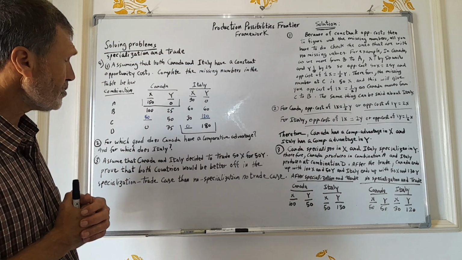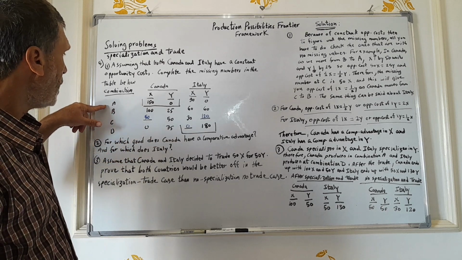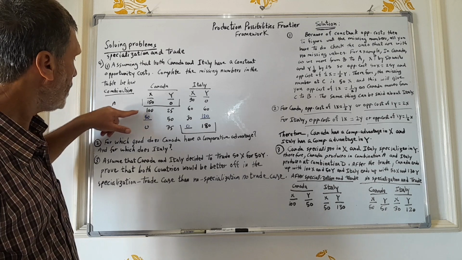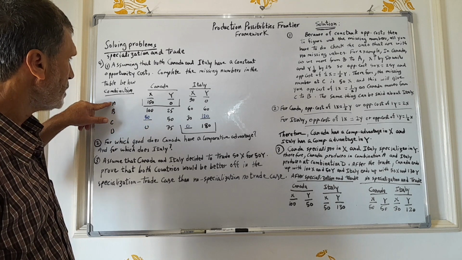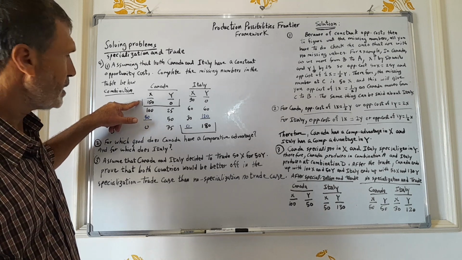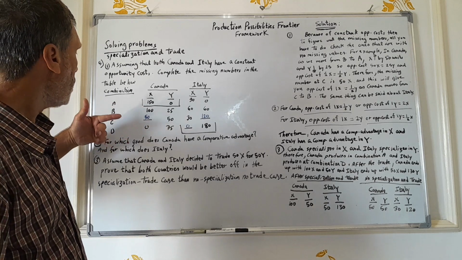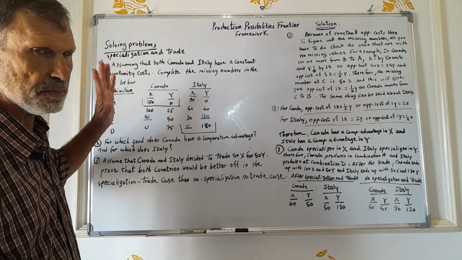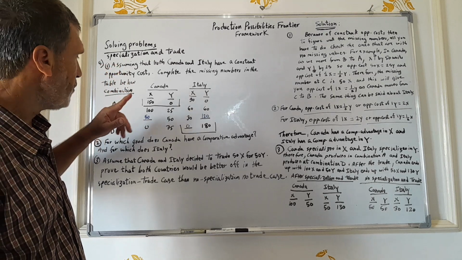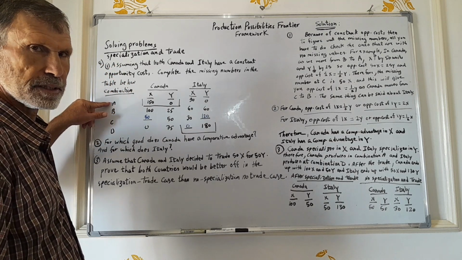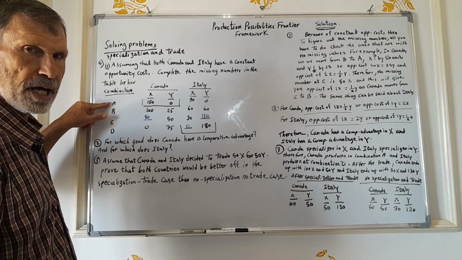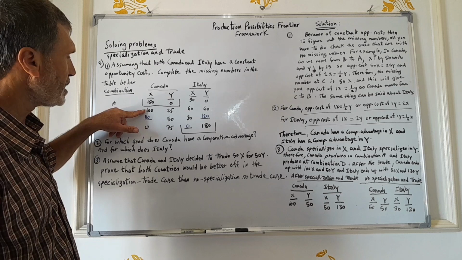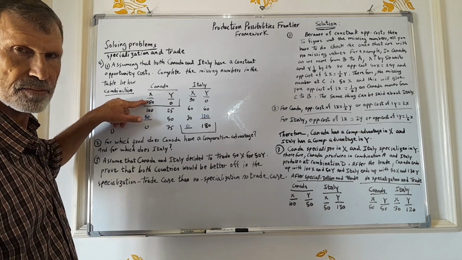Okay? Now, if I move from B to A, or from A to B, it doesn't matter, along the PPF, then what happens? X increases from 100 to 150.